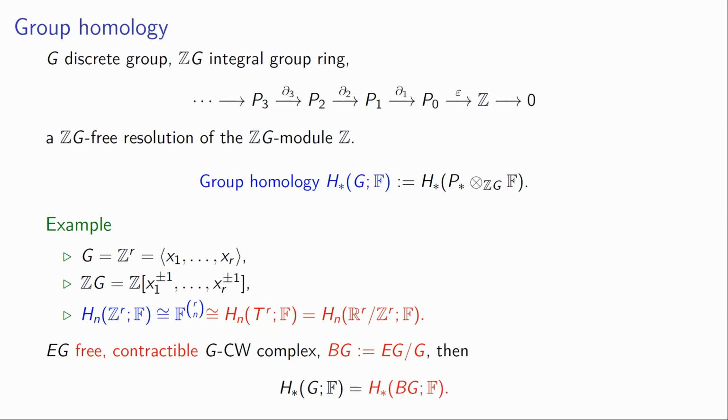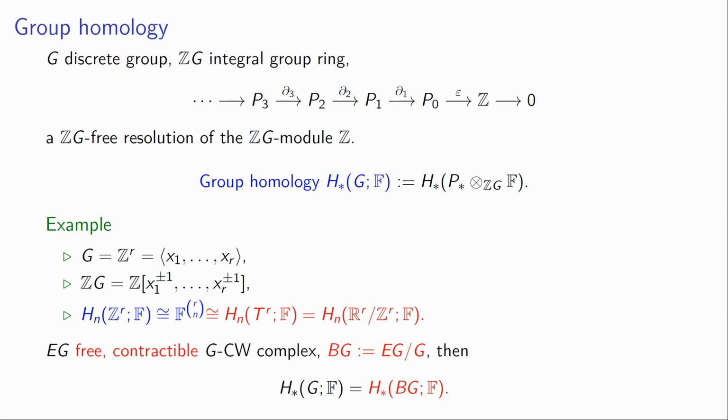Of course, the homology of this complex is 0 since it's Z, but after taking the tensor product with some coefficient field F, or maybe with the integers, the complex is no longer exact.